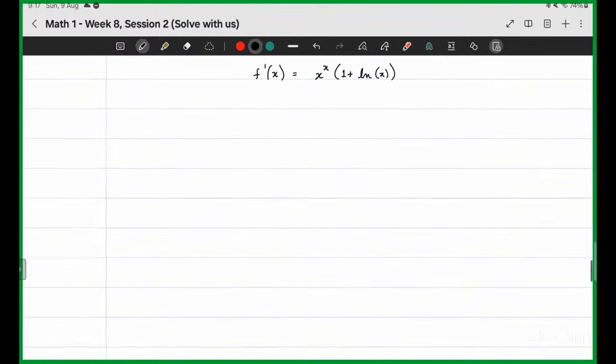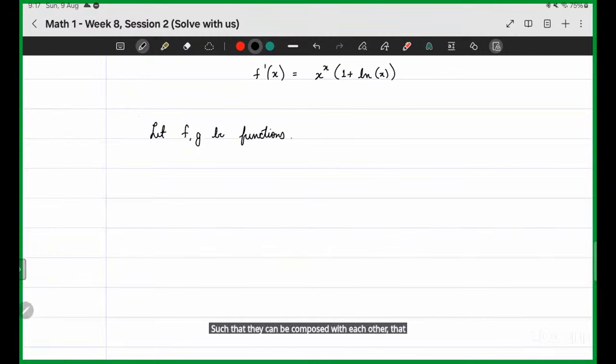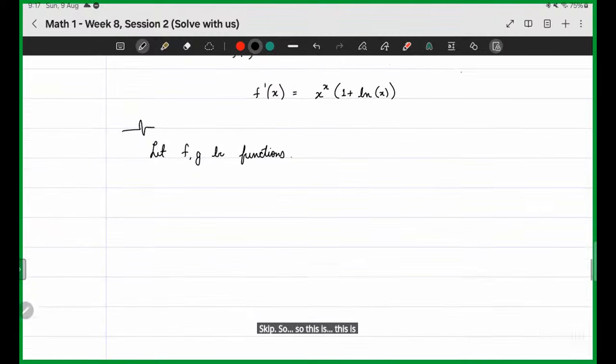So you're saying that let f, g be functions such that they can be composed with each other. That I'll skip. So this is not part of the solution.